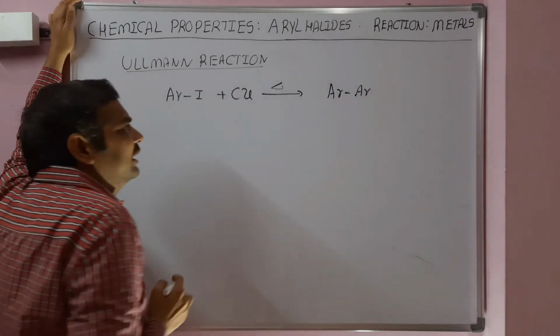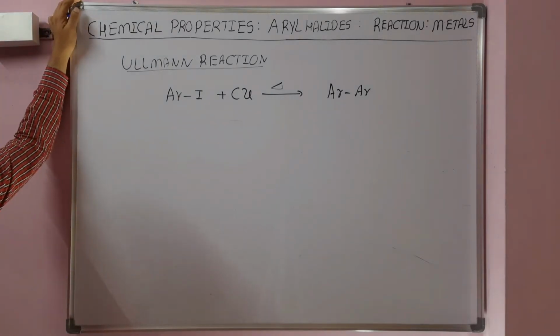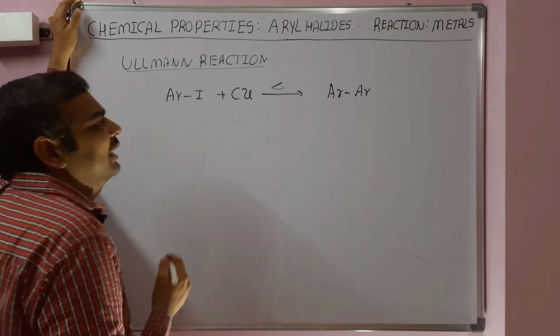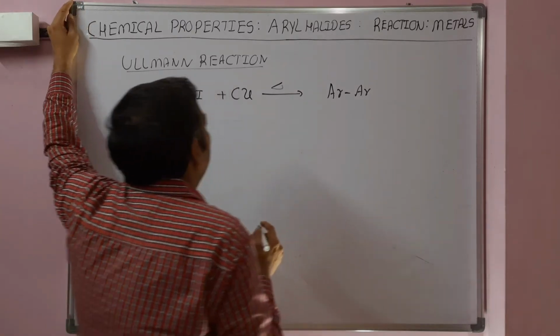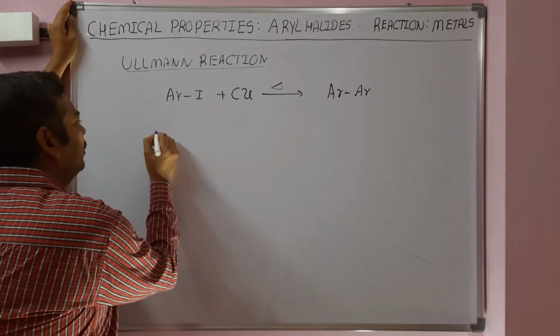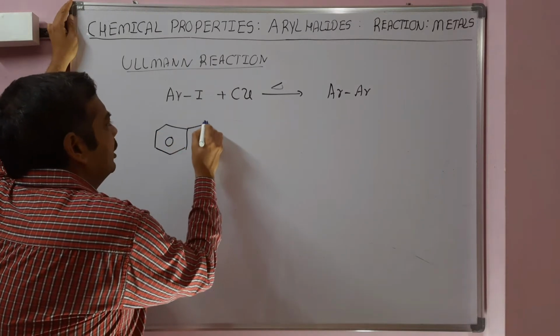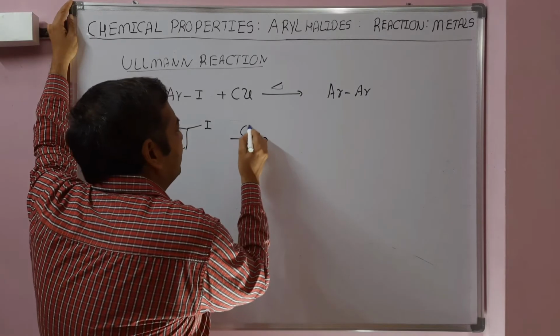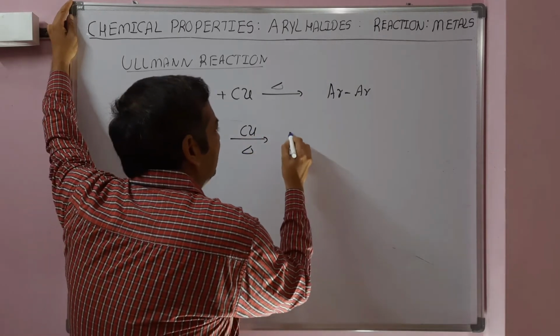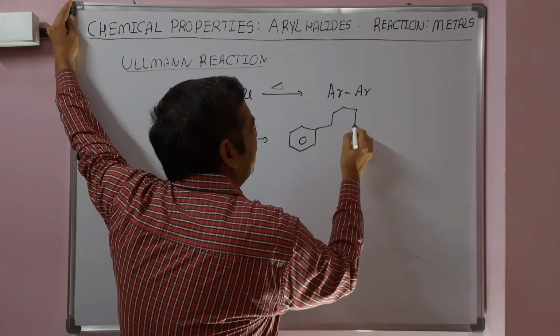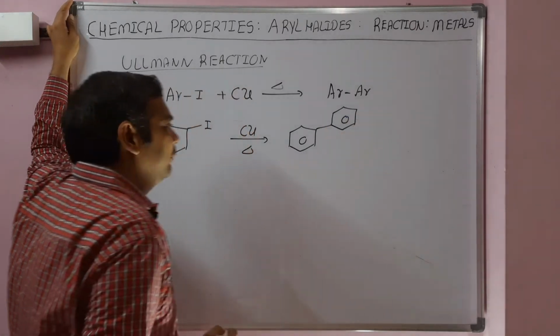Copper is required. Copper induced coupling of aryl halides to give biaryls, that is the Ullmann reaction. For example, 2 moles of iodobenzene reacts with copper under heating conditions, we will get biphenyl. Biaryls will be obtained.